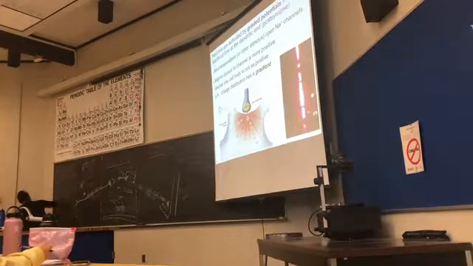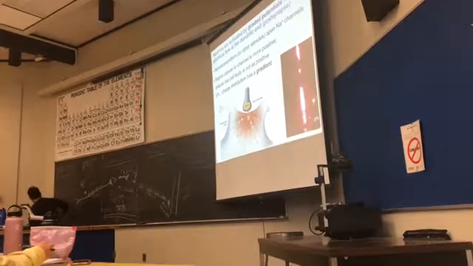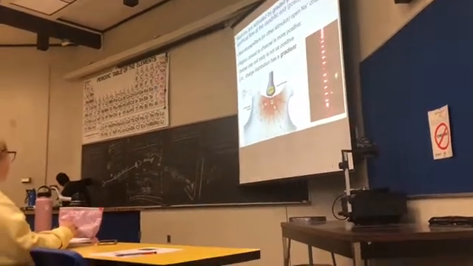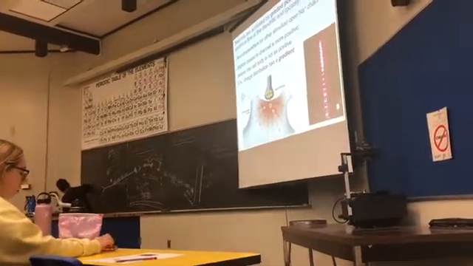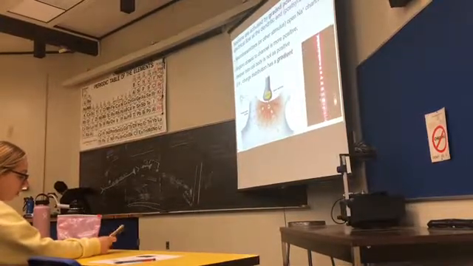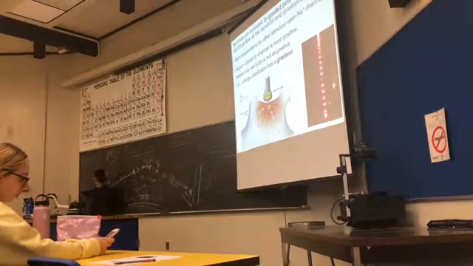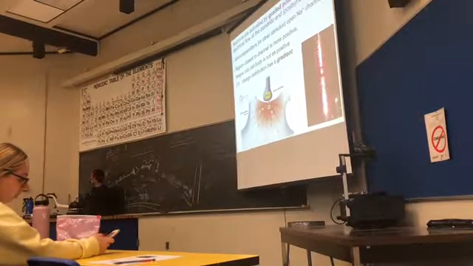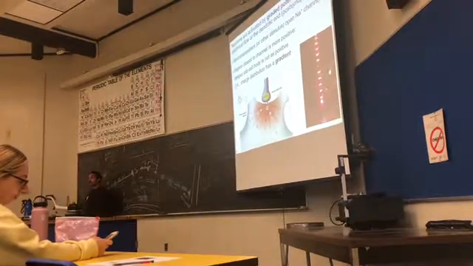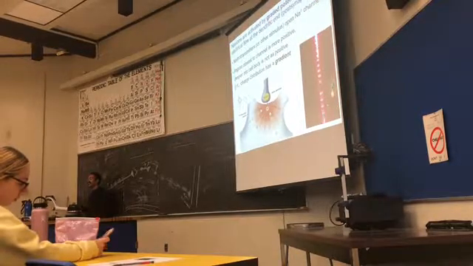All right, let's say here's the axon terminal. Here's the dendrite and cell body of another neuron. In the axon terminal, you've got neurotransmitter that can be released by exocytosis. Here's neurotransmitter being released by exocytosis into the synaptic cleft. Neurotransmitter is now going to bind onto a receptor.